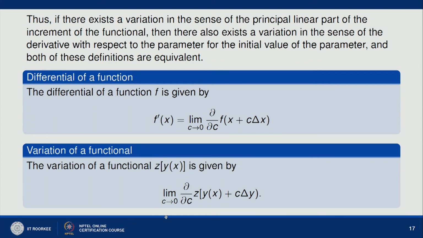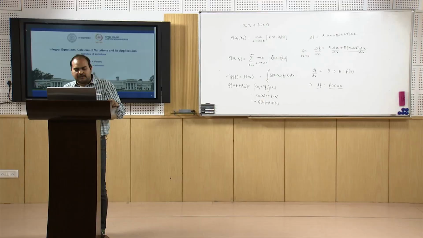In a similar way we can define the variation of a functional as this: the variation of the functional z of y of x is given by the derivative of z(y(x) plus c delta y) with respect to c at c tending to 0, or you can say the limit c tending to 0 of d by dc of z(y(x) plus c delta y).